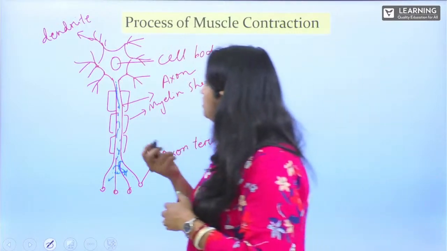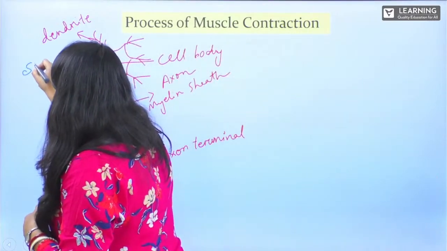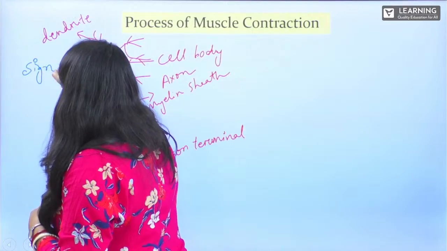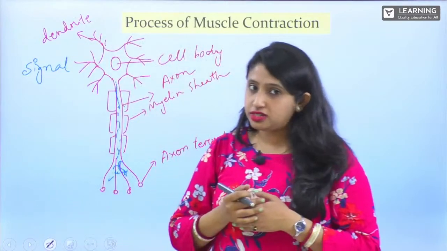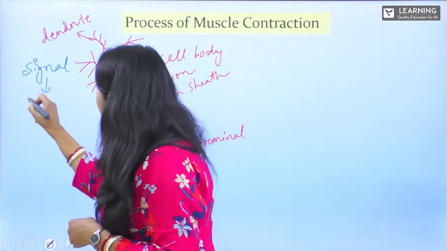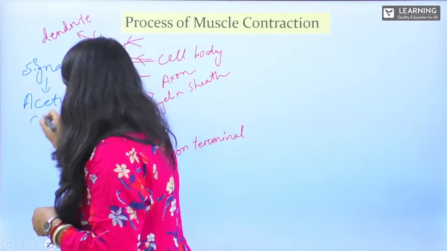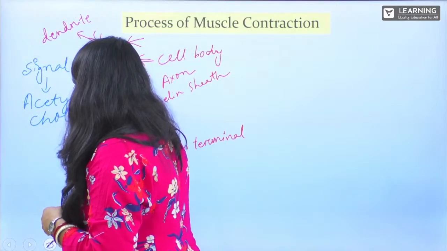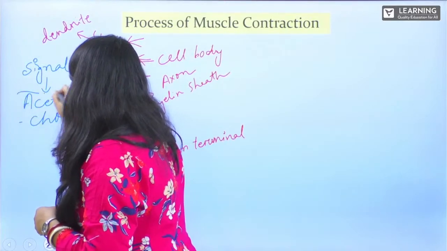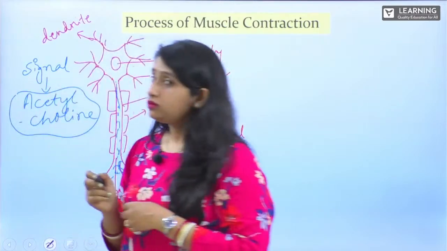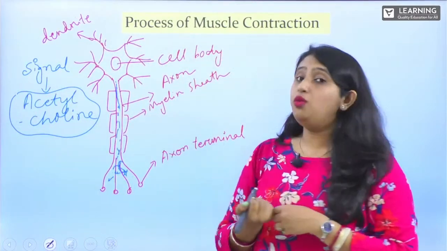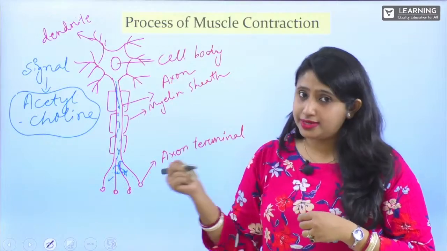So what are the signals known as? The signals are in the form of neurotransmitters. They are known as acetylcholine. Now, this signal should go to the muscle cell, right?